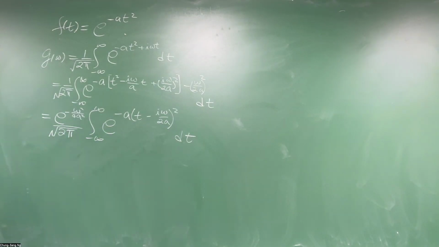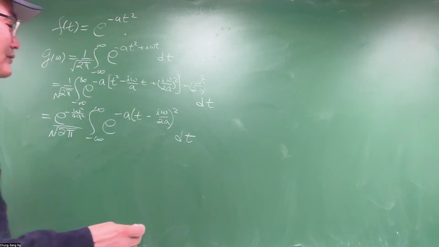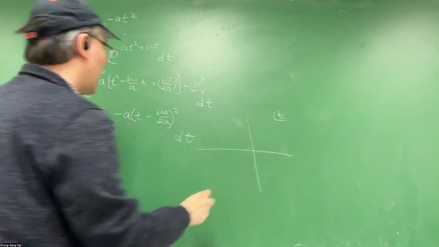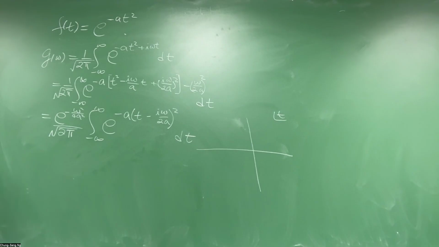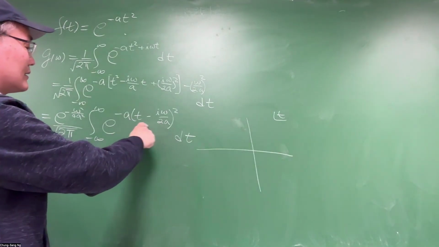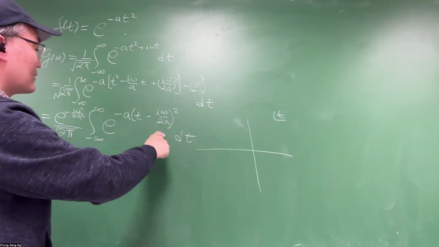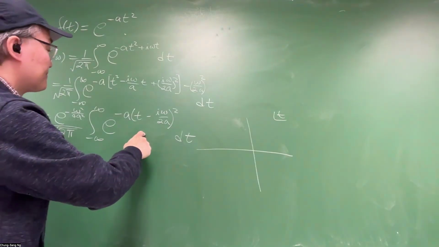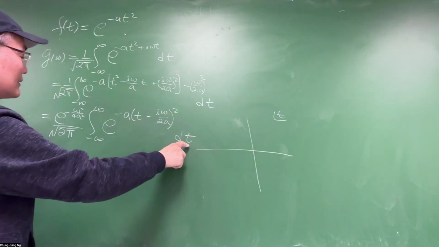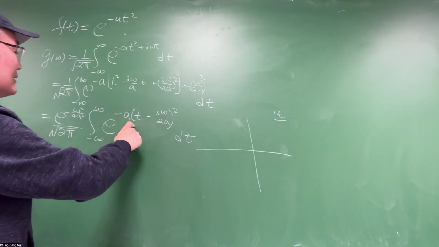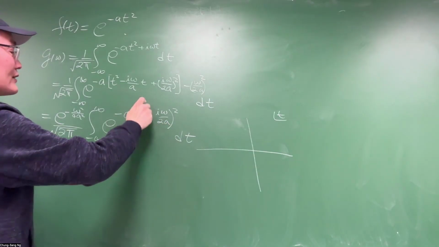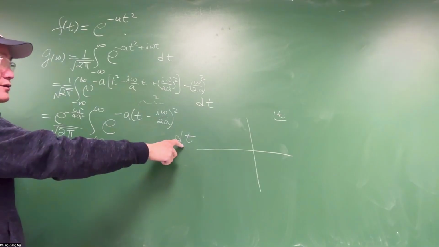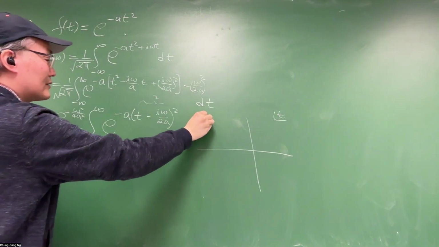But now that you have learned the complex integral, you just need to deform your contour. Call this variable C. Then dt is just dC, because this is just a constant shift, so it doesn't matter, right?